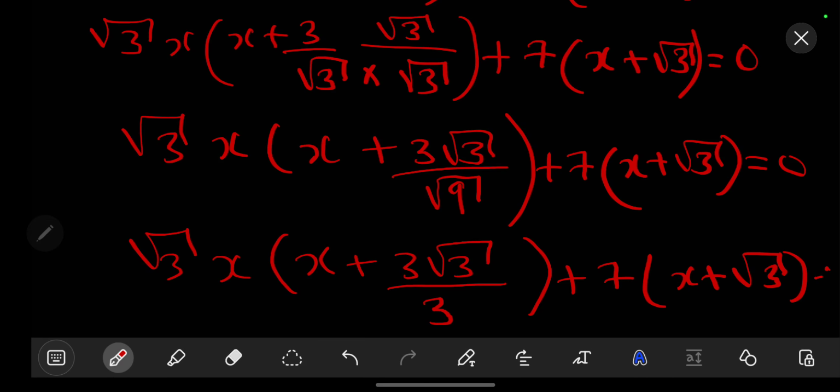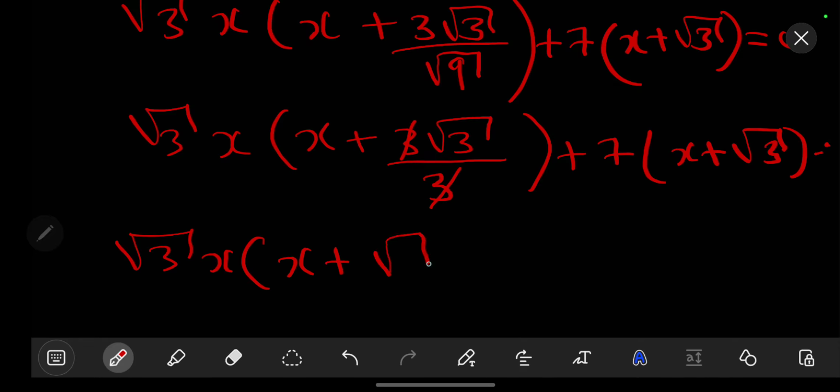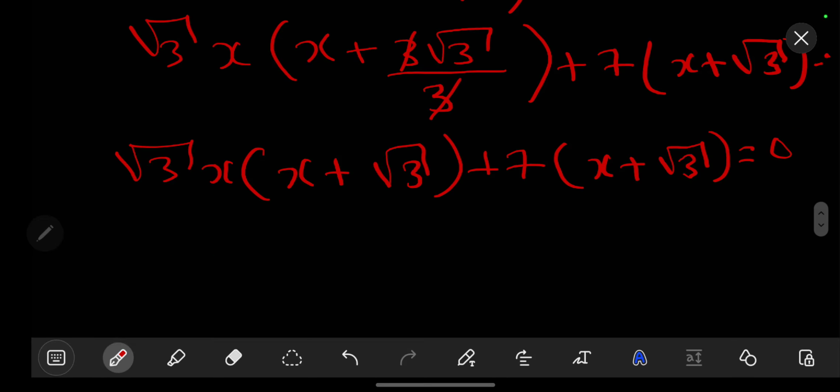Remember, this one and this one cancel, so in the bracket we'll have x plus the square root of 3, plus 7 times x plus the square root of 3, which should be equal to 0.